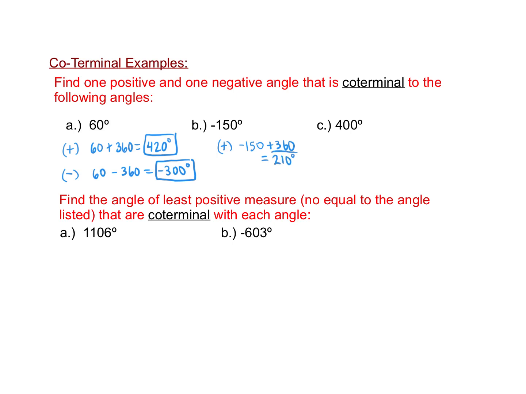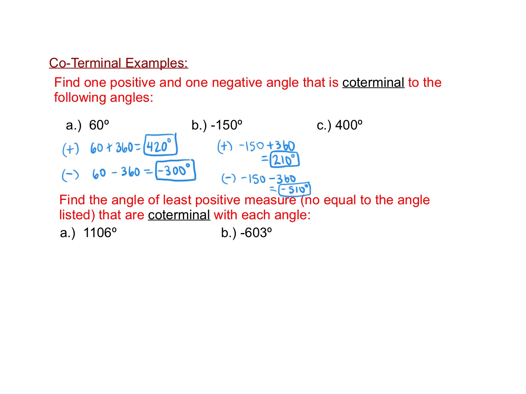So that would be coterminal to a negative 150. And then to do a negative angle, I could just take that negative 150 and then subtract another 360 from it, and that would give me a negative 510 degrees. So that would be coterminal as well.